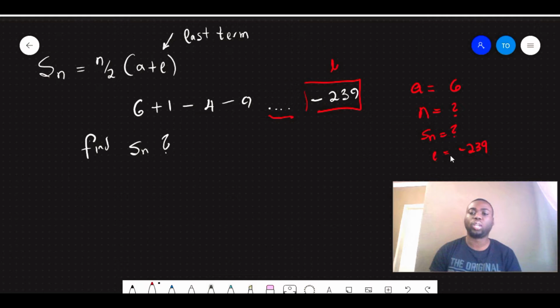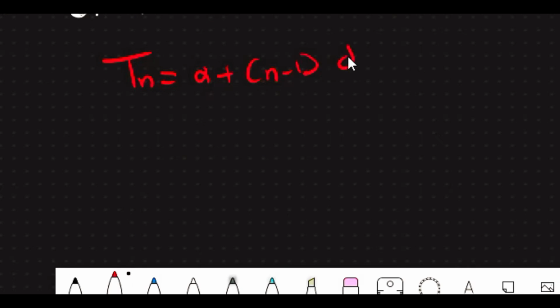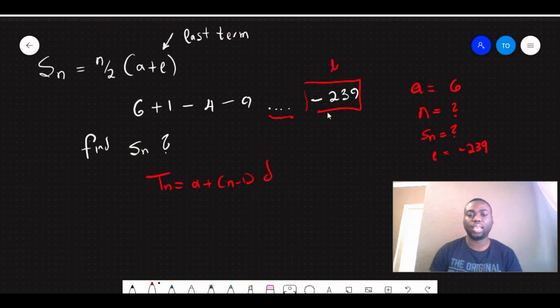For us to be able to calculate our Sn, we need to find our N. And the only way we can do that is to use the arithmetic sequence formula, which is this. So we would substitute our Tn with that one over there, and our D, from what we see here, would be negative 5.